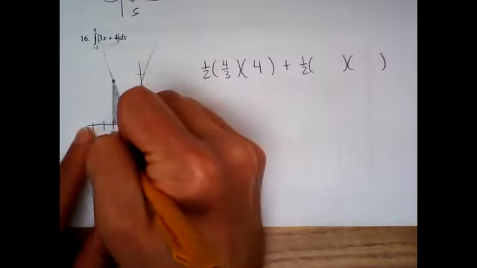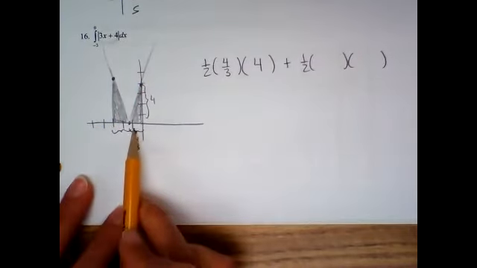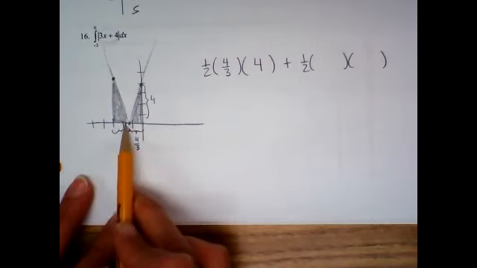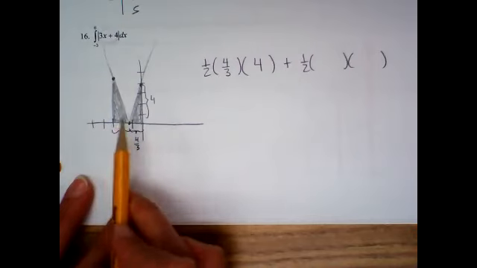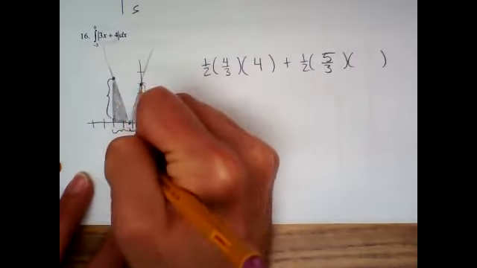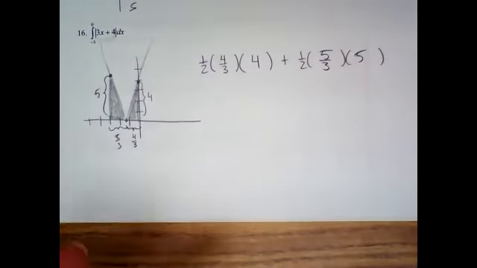Now the base for this is a little trickier. So if this is 4/3 or 1 1/3, this would be 1 2/3. Are you coming with me on that? So that would be what, 5/3? And then the height for that one is 5. And again, I'm going to simplify it down just so we can practice the fractions.